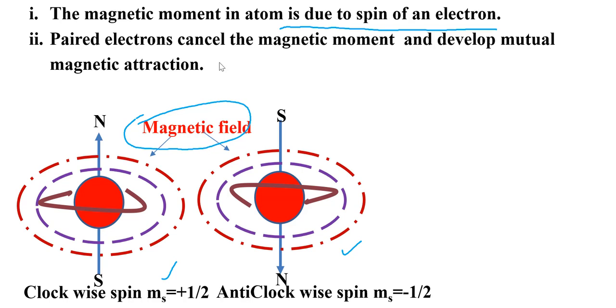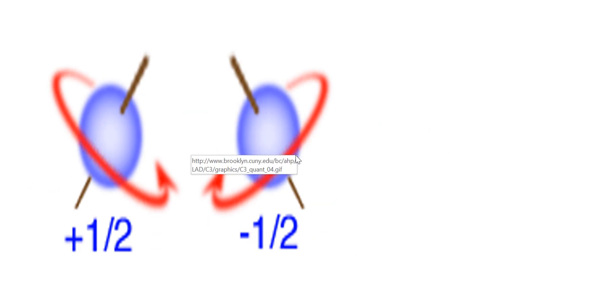The paired electrons cancel the magnetic moment. If in an orbital two electrons are there, one clockwise, one anti-clockwise, whatever magnetic field is generated by one will be cancelled by the other electron. That's why paired electrons don't have a magnetic moment. So this is the spin.